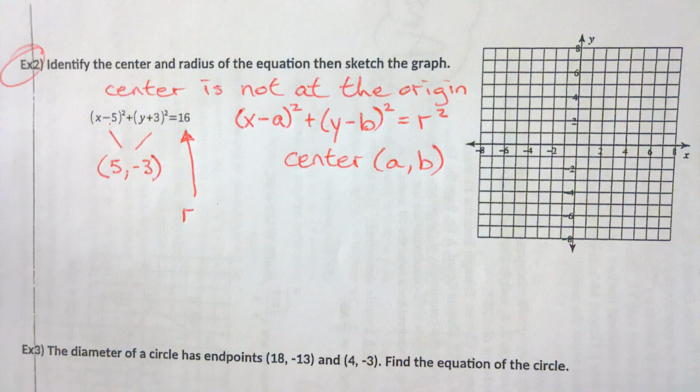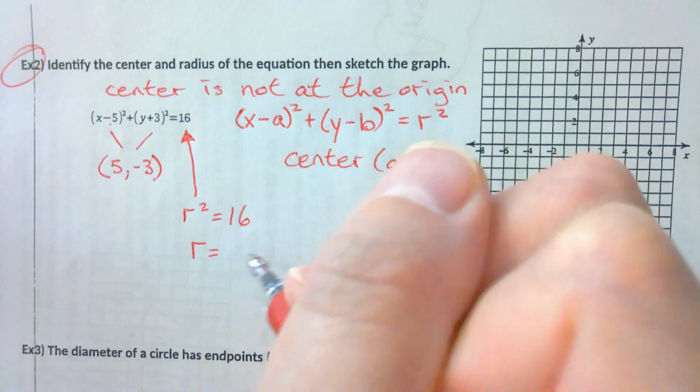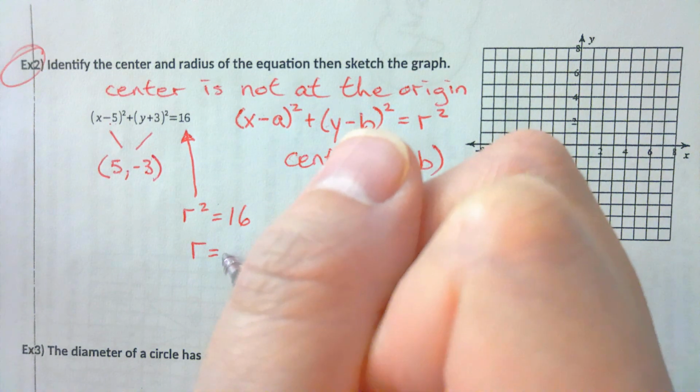You have the right idea, but the other way. 4. That's right. R squared equals 16, so R equals the square root of 16, which is 4.